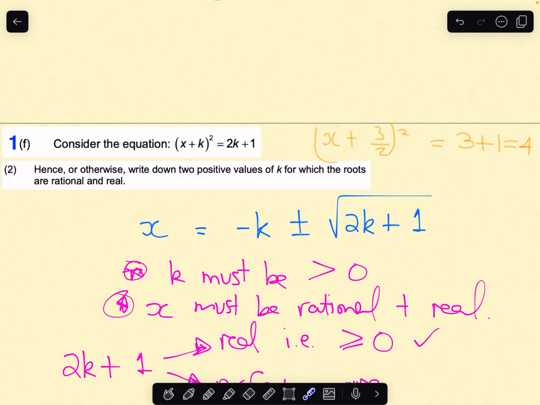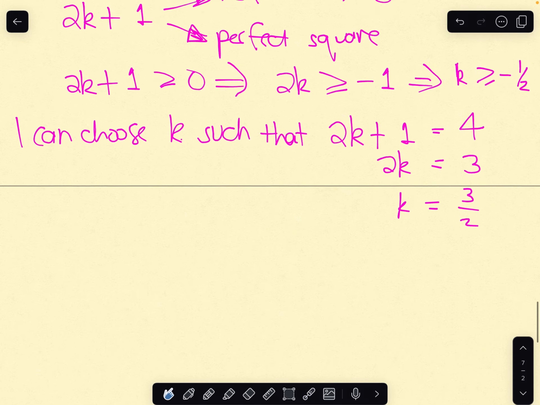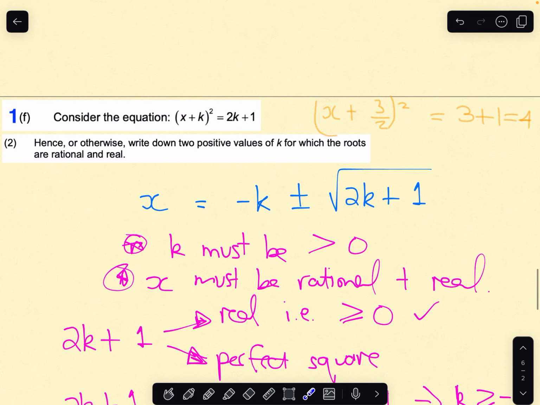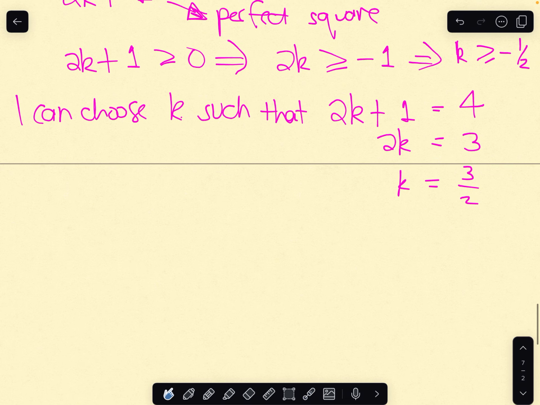But it's easy to see that if you take the square root on both sides, you're going to end up with plus or minus 2 here, and then you minus the 3 over 2, so then the roots are going to be rational, they're going to be real. So that does satisfy it. Our k is 3 over 2, which is greater than 0, so that requirement is satisfied. So this is an example of a value that we could choose.